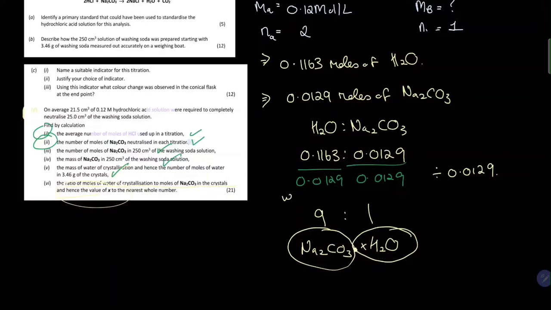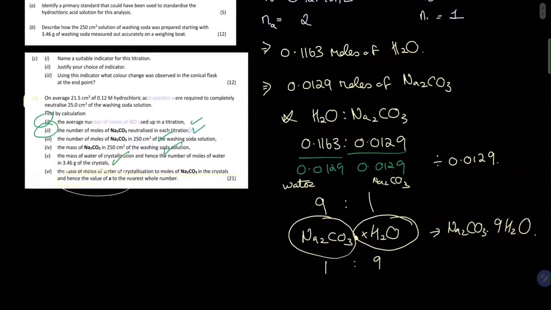Now remember, water is this side and the sodium carbonate is this side from what I was doing up here. So 1 is to 9. So I can rewrite this now as Na2CO3 reacts with 9 moles of water. And that's that question done.